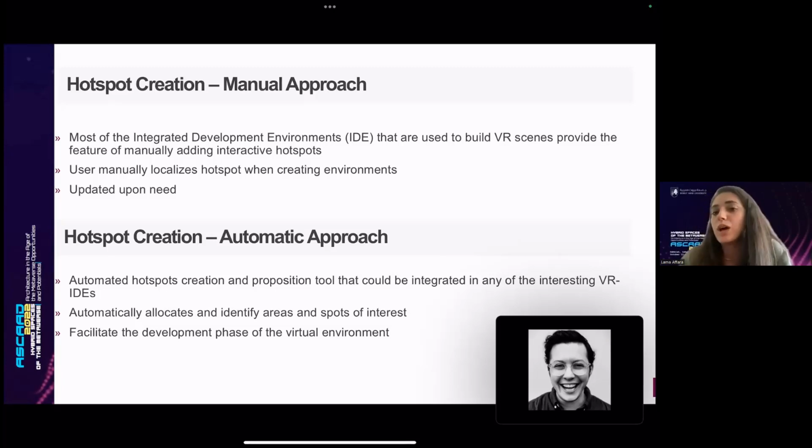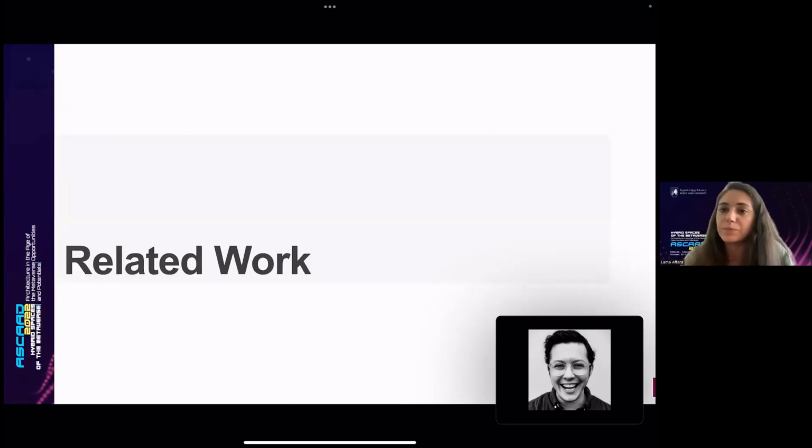So you would be able to automatically allocate and identify areas and spots of interest in the virtual environment, and facilitate the development phase for the creator. Of course, because it's a manual process, the creator might sometimes miss some points of interest or not have some information about them. So this automatic approach can help them identify these hotspots automatically.